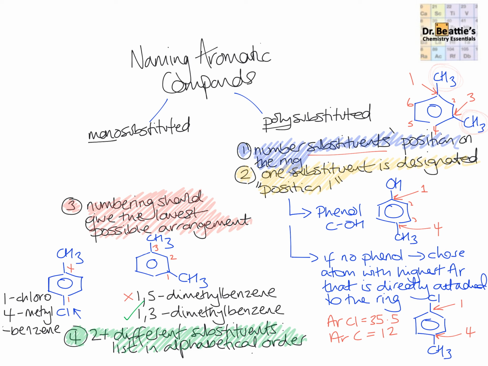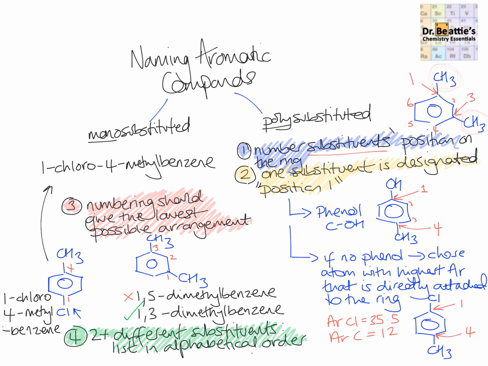Looking at the first letter of these two substituents, we need to work out which one is first in the alphabet. So obviously C, chloro, is first. So we're going to have our 1-chloro followed by a hyphen to split any letter from any number, 4-methyl, and then our suffix benzene, which follows straight after the methyl.